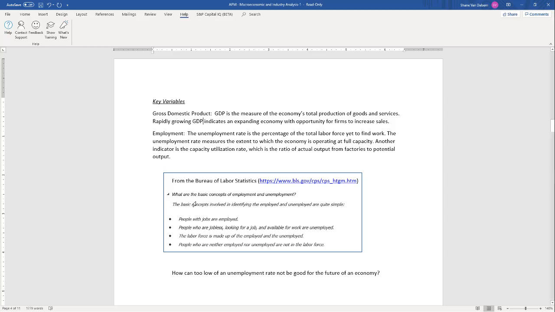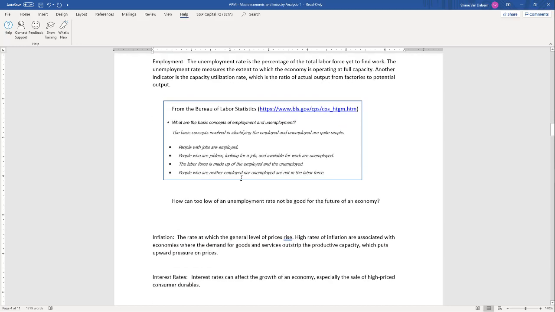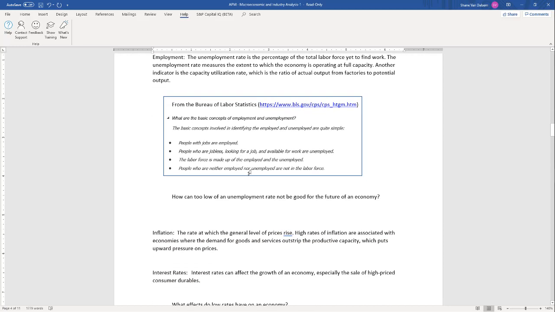So what I've got down here is from the Bureau of Labor Statistics, the concepts of employment and unemployment. And there's some confusion around this because, prior to what's going on in the world today, our unemployment rate in the U.S. was 3.5%, which is incredibly low. During the 1970s and early 1980s, economists said the lowest unemployment can get is 5%. They said that was really just structural unemployment.